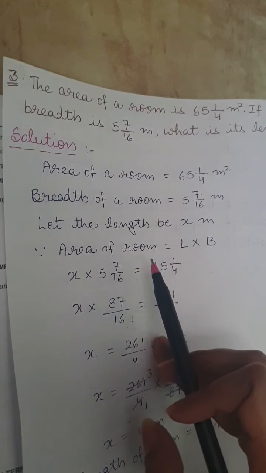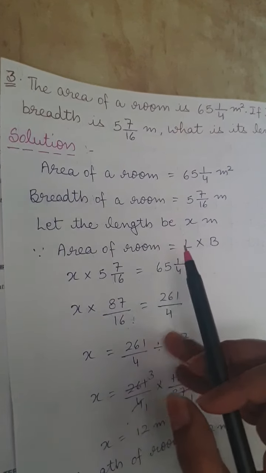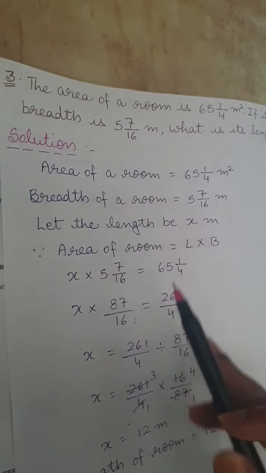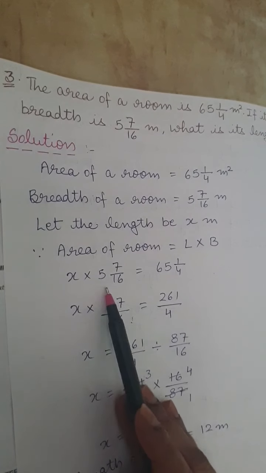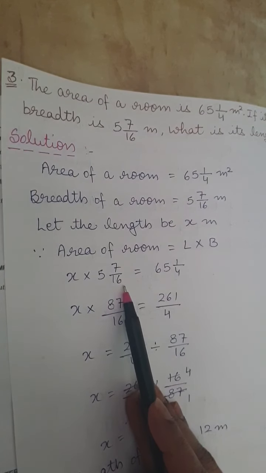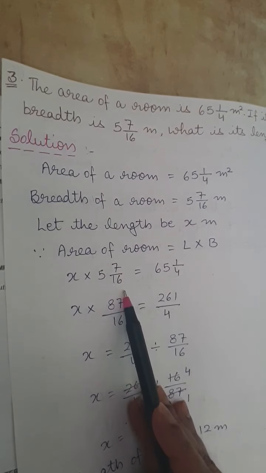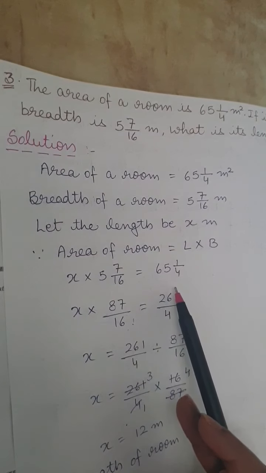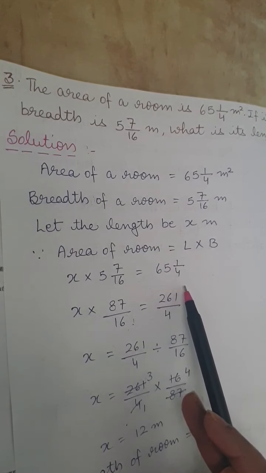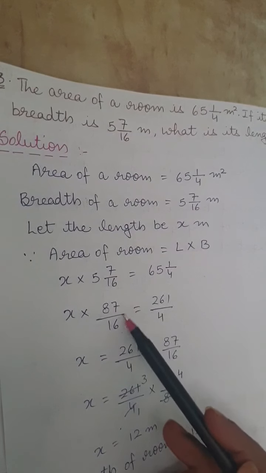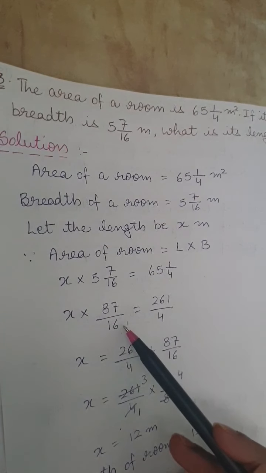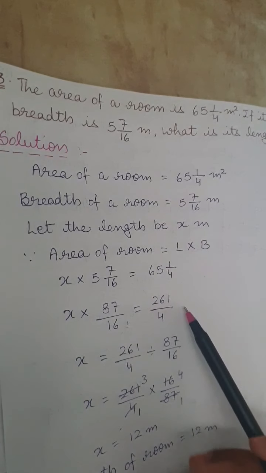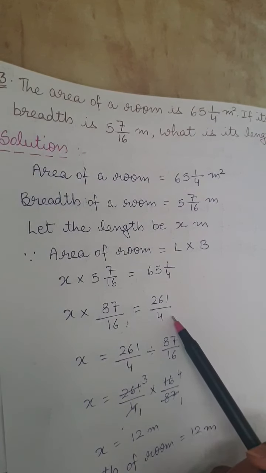What is the formula of area? The area of a room formula is L into B, that is length into breadth. So x is the length, and it is multiplied by breadth. The breadth is 5 into 7 upon 16, and the area is 65 into 1 by 4. So x multiplied by 87 divided by 16 is equal to 261 divided by 4.